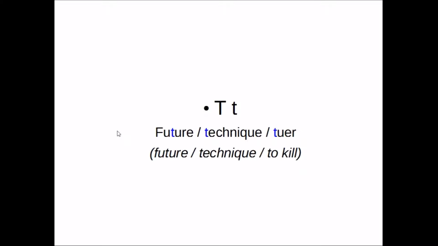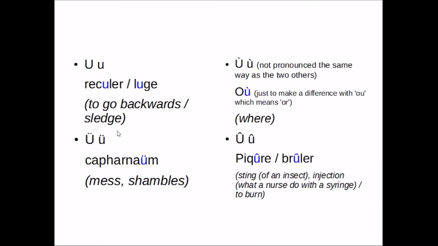So now the next letter is the T, which is said T in French. It's like in futur, technique, tuer. The next letter is U. So the U is pronounced U in French, so it can be hard again if you're an English speaker or a speaker of a language in which this sound doesn't occur, but it's quite common in French.